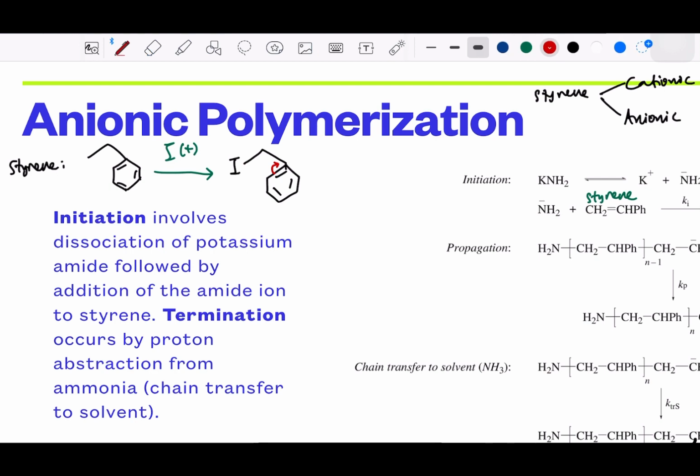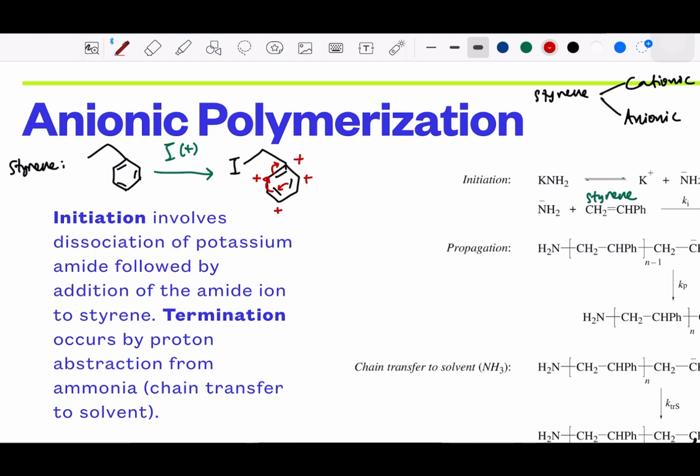So we are going to have a positive charge, and then it will be shifted around and shifted around, so we are going to have different active centers. It depends on the case.